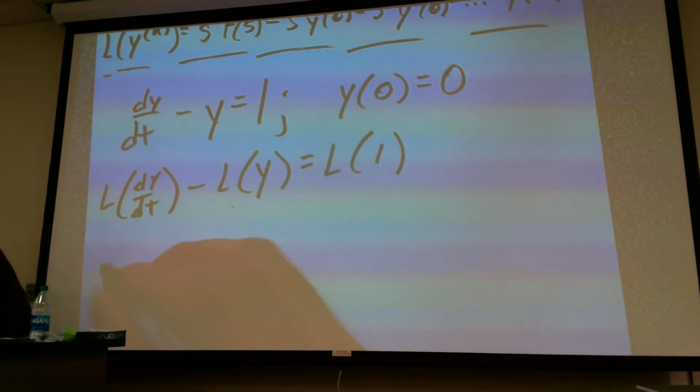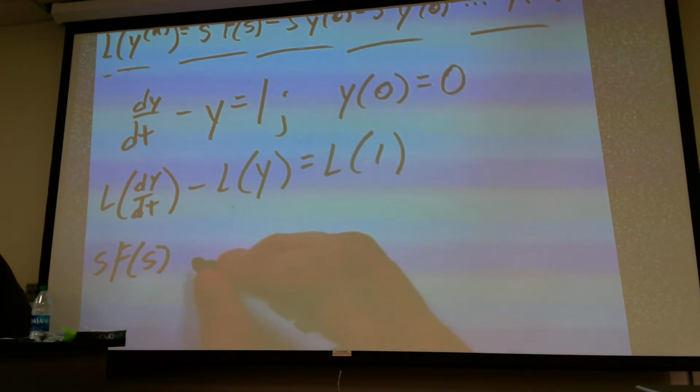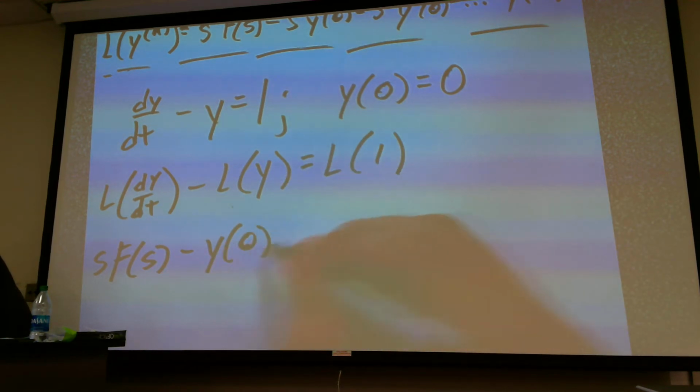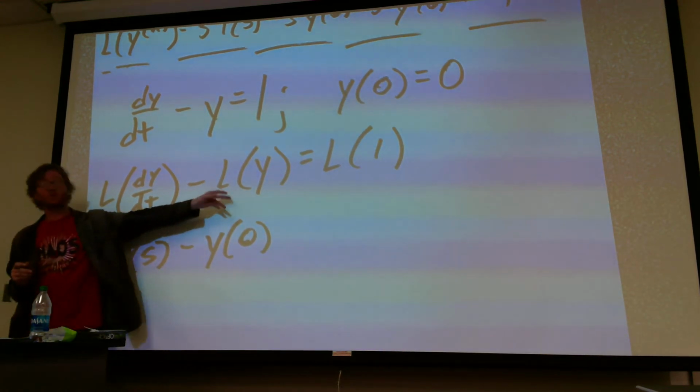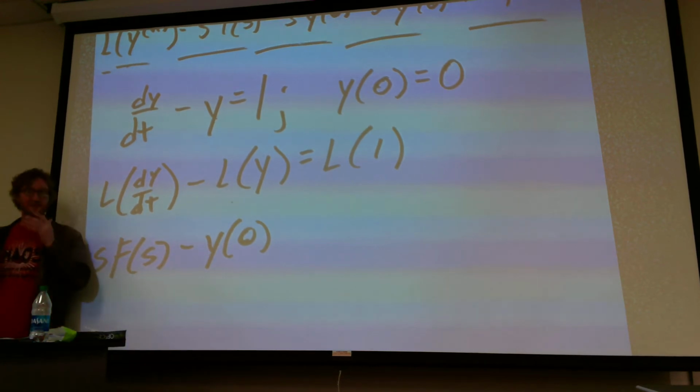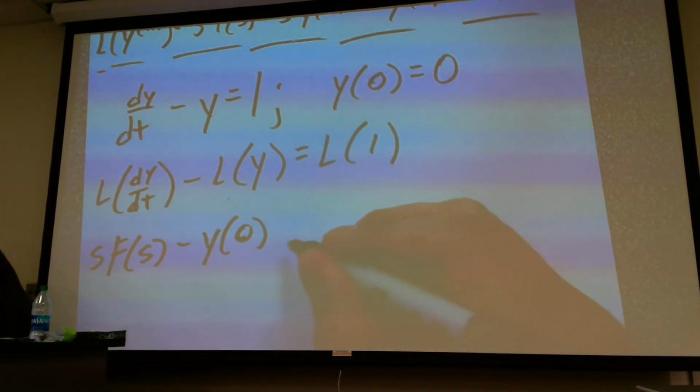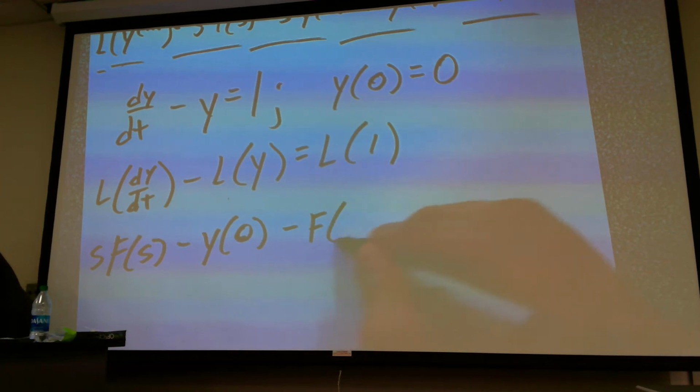So this becomes s F(s) minus y(0). And the Laplace transform of y itself is just F(s). And the Laplace transform of 1 is just 1 divided by s.